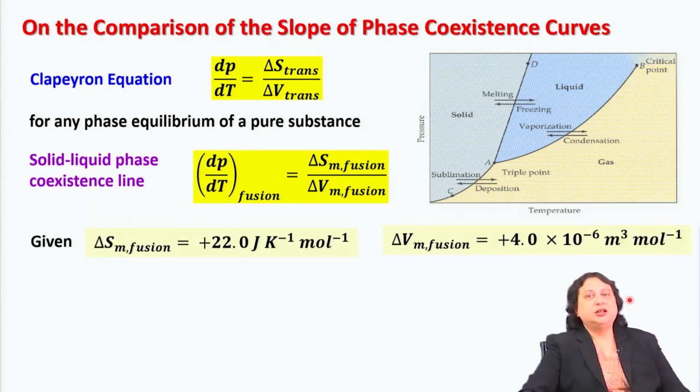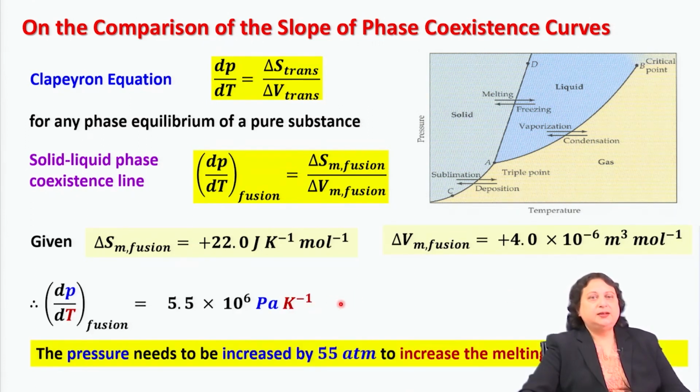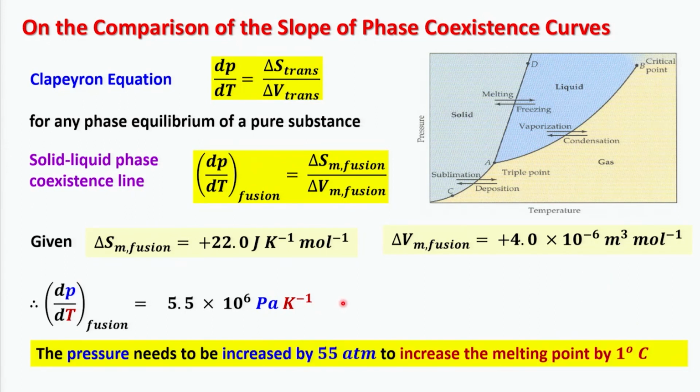My conclusion is that when I have dP/dT of fusion equal to this value, in order to increase the melting point by 1 degree centigrade, I need to increase the pressure on the two phases in equilibrium by 55 atmospheric pressure.